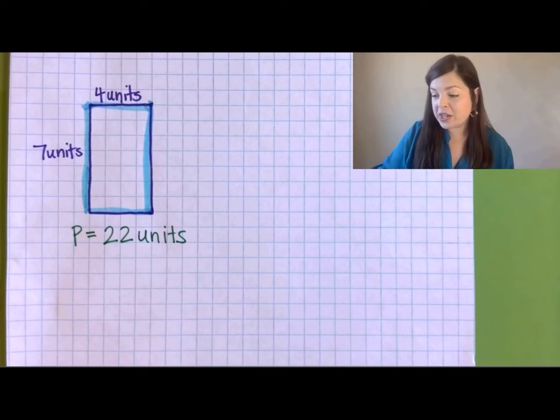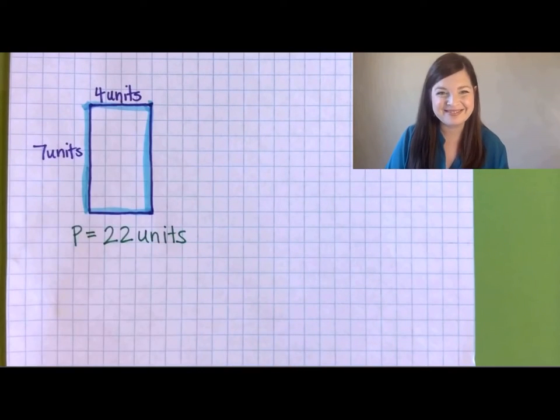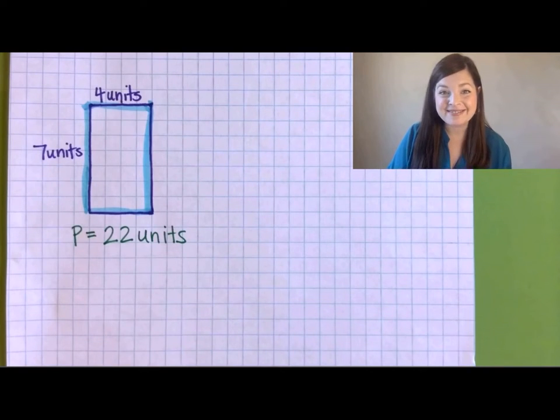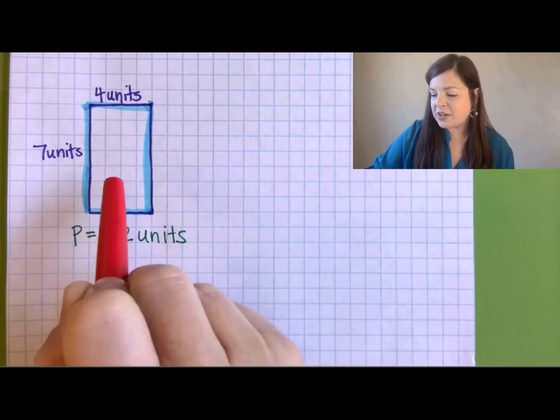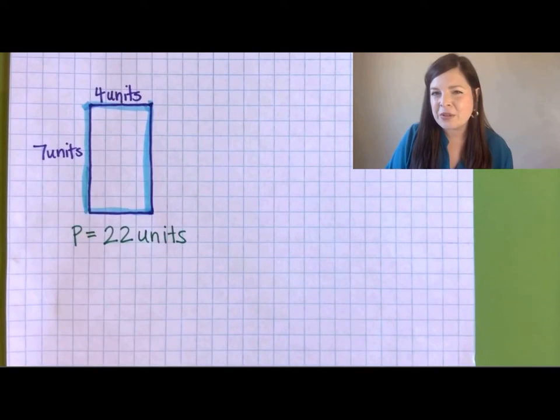Now, I want you to pause the video again. And this time, I want you to count all of the squares inside the rectangle. So what'd you get? I got 28 square units. When we counted all of the squares inside the rectangle, think back to what you learned in 3rd grade. What measurement did we find?